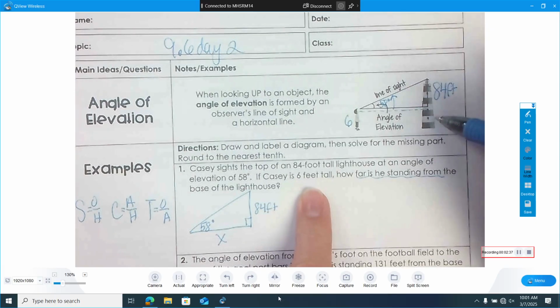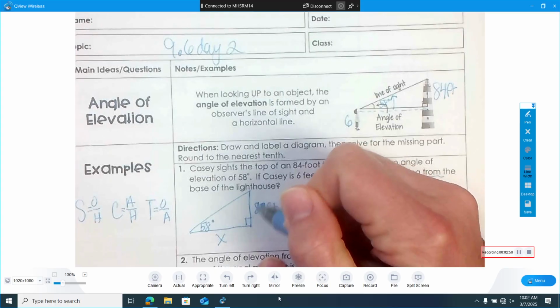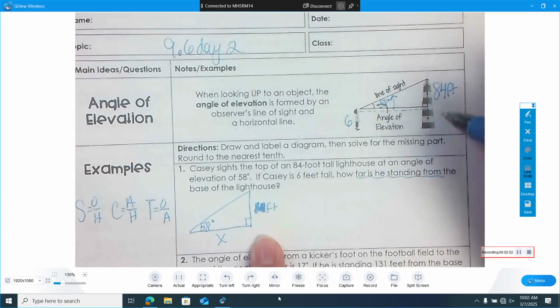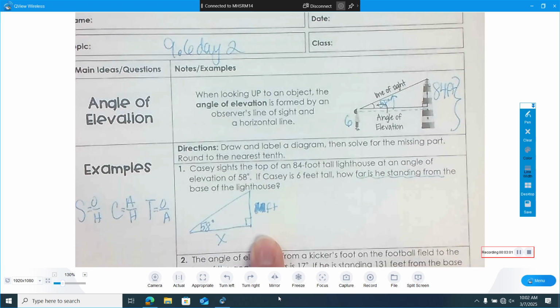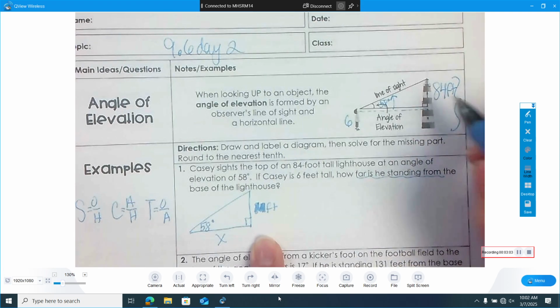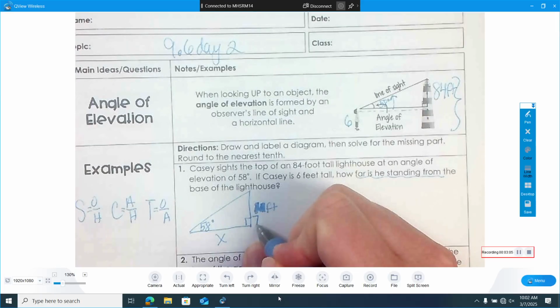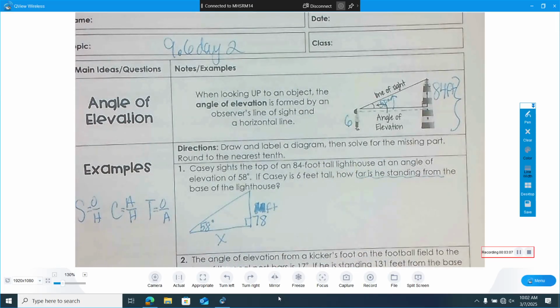So my question is, 84 is the height of the lighthouse, but he's 6 feet tall. 84 is not the right number here. Yeah, we got to subtract the 6. 84 is the whole height of the lighthouse, but our side of our triangle doesn't include his 6 feet of height. So what should we have there? Not 84, but 78. Yeah, 78.